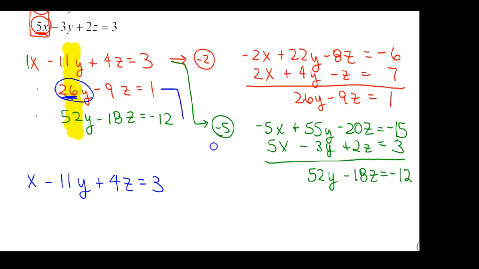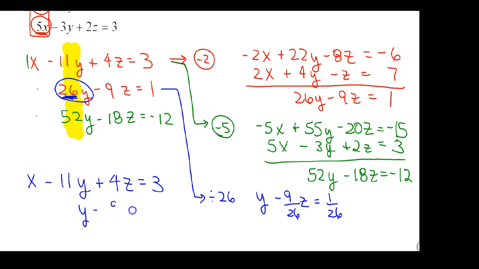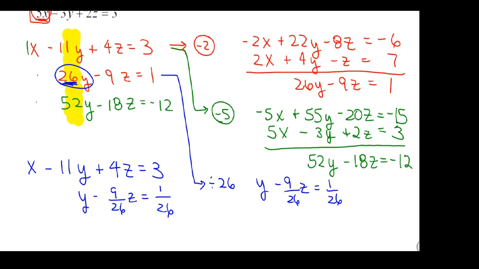So my row 2, I'm going to divide by 26, and that will give me 1y minus 9/26 z equals 1/26, and that becomes my new row 2 in the second iteration. That's the row that I will use to convert the coefficient of y under it to a 0.